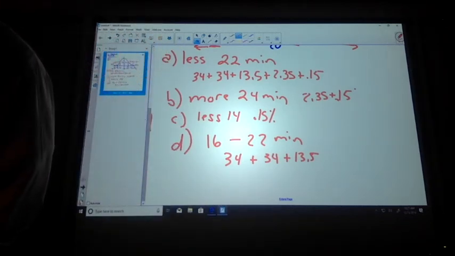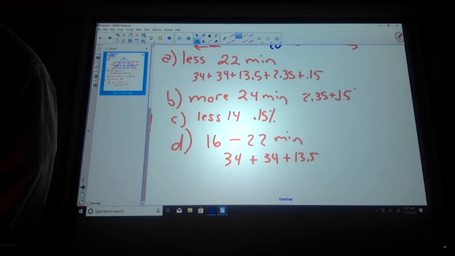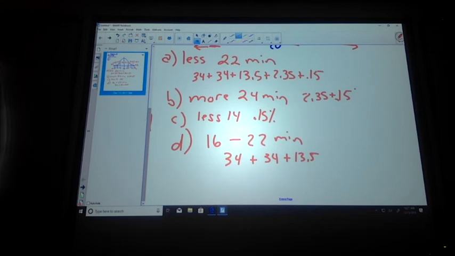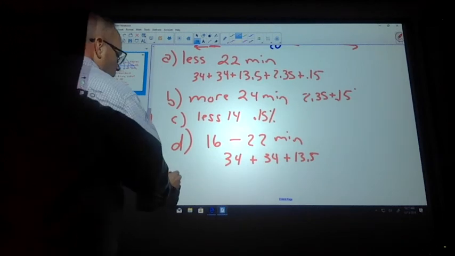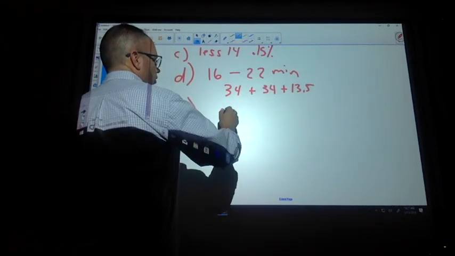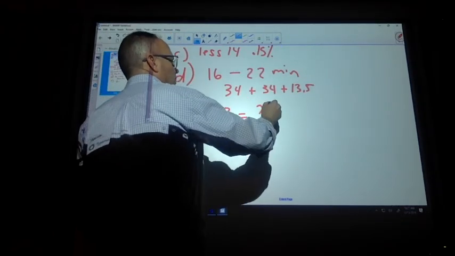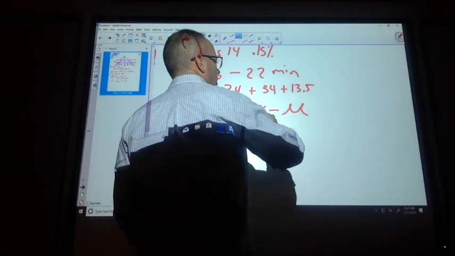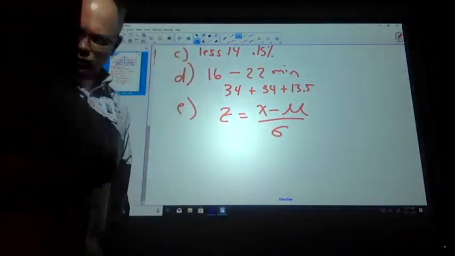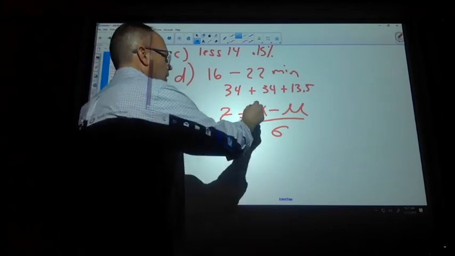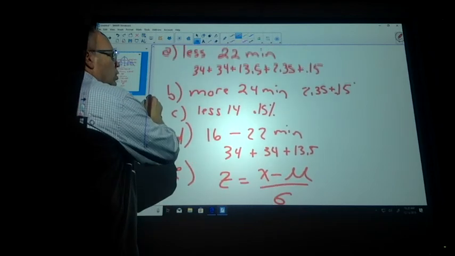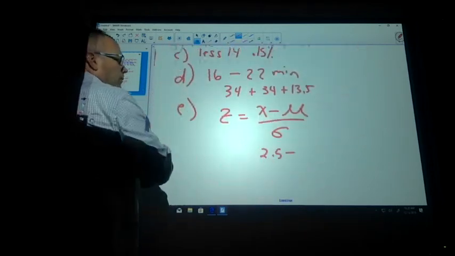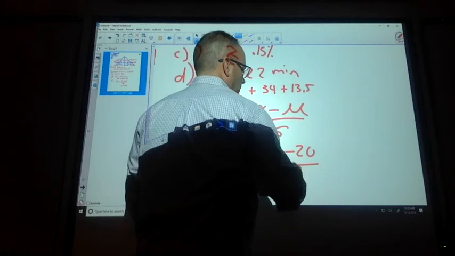And then how long a drive is the shortest 2.5% of all drives? Oh, that's the z-score. The z-score is the observed minus the mean over the standard deviation. So if I put 2.5 in here, 2.5 minus my average, which is 20, divided by 2.